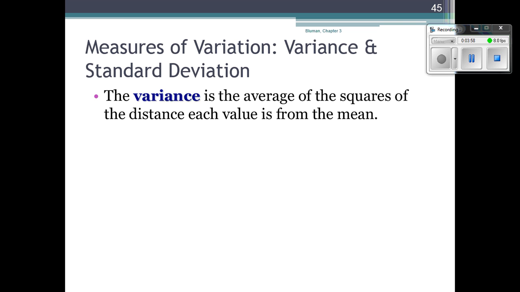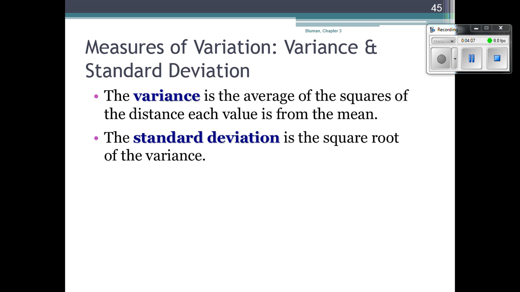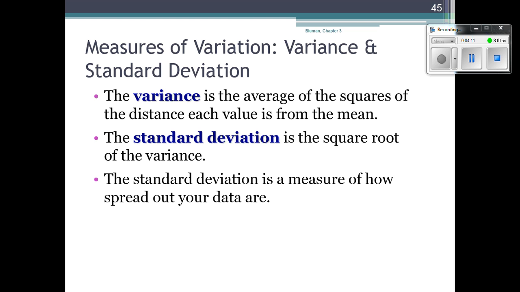So it's basically saying how far is each value from the mean, square it, and find the average of that. Standard deviation is just the square root of the variance. We will show you later on how to take that standard deviation number and translate it into something that tells you how spread out your data is.